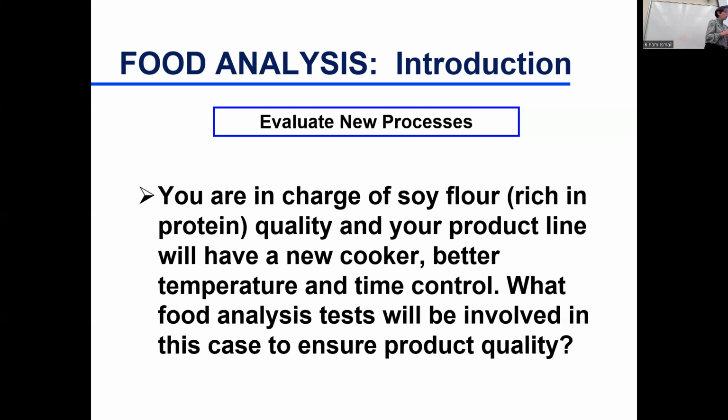The soy flour that was sold to a customer who was going to use it for fermentation found that somehow the microbes did not grow as efficiently as they used to. They came back to Cargill and said, something is off with your soy flour. So what food analysis test will be involved to ensure the consistency of such a product when you change a cooker in this example?